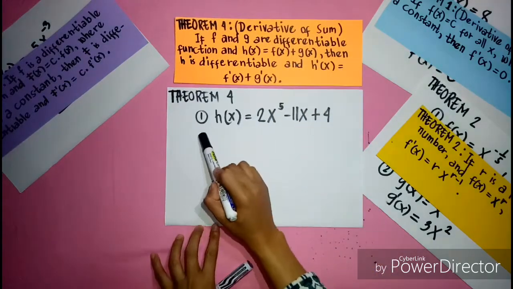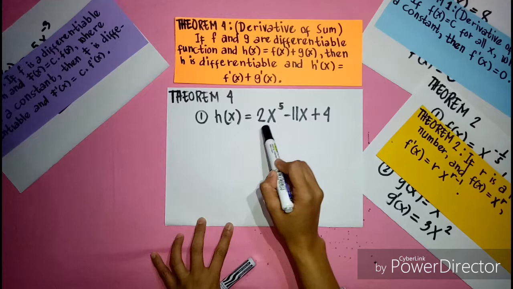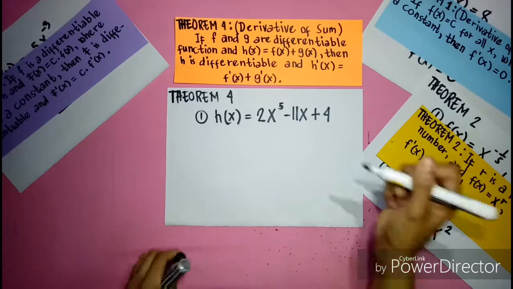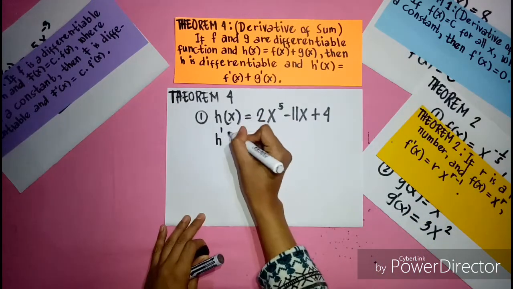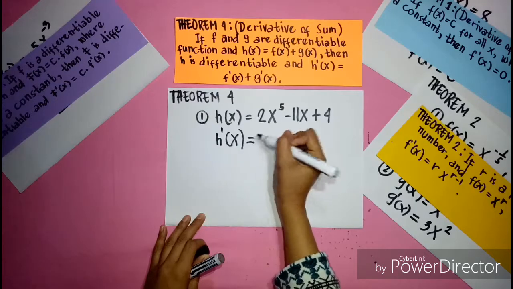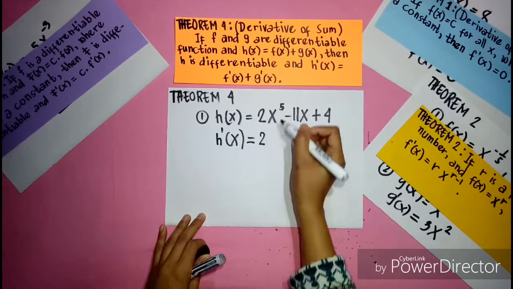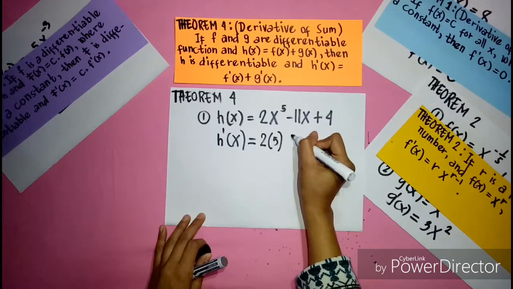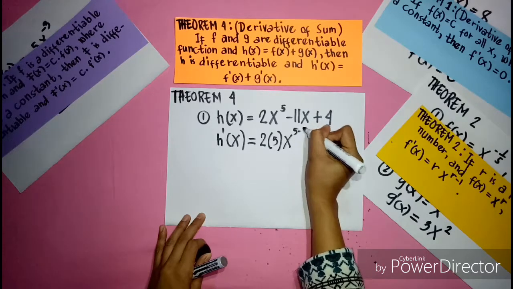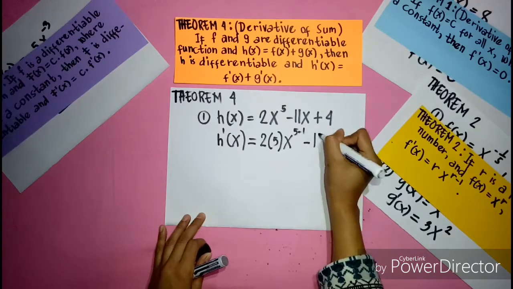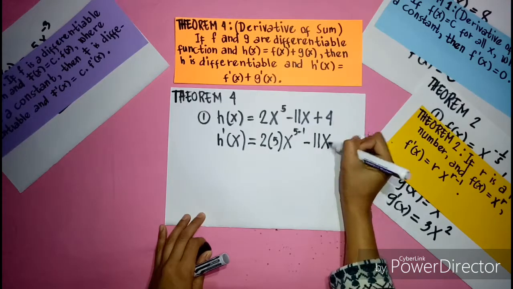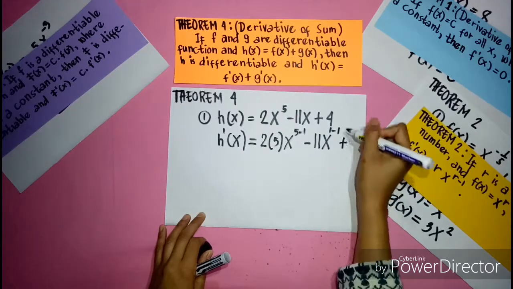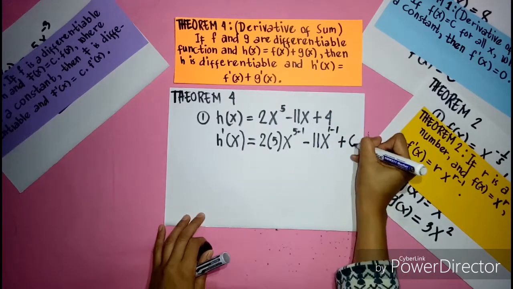Theorem number 4, we have number 1, h of x is equal to 2x raised to the power of 5 minus 11x plus 4. Then the derivative h prime of x is equal to, rewrite the constant, then bring down the exponent. So we have 5, then x to the 5 minus 1, minus 11 x to the 1 minus 1, plus the derivative of the constant, which is just 0.